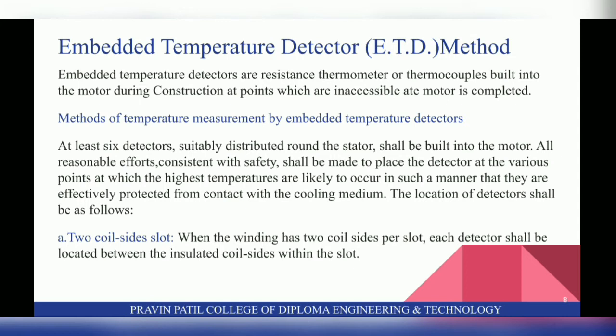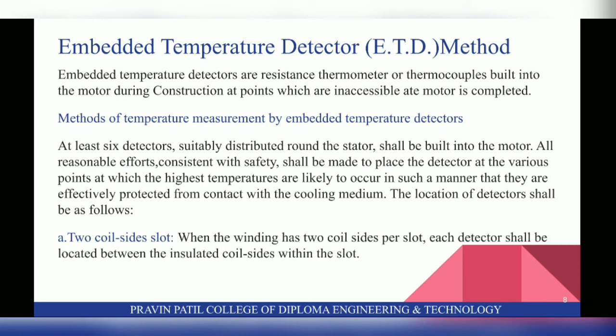Next method is embedded temperature detector method. So embedded temperature detectors are resistance thermometers or thermocouples built into the motor during construction at points which are inaccessible when the motor is completed. Methods of temperature measurement by embedded temperature detectors.